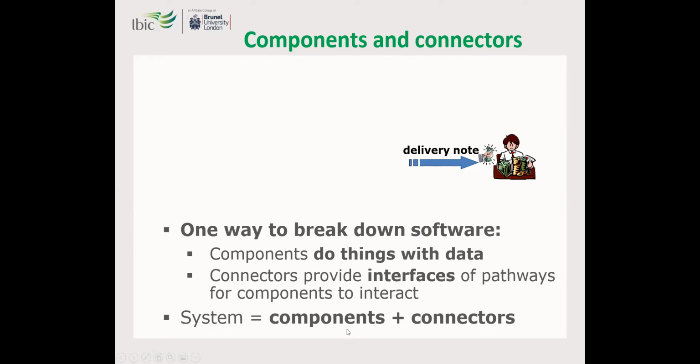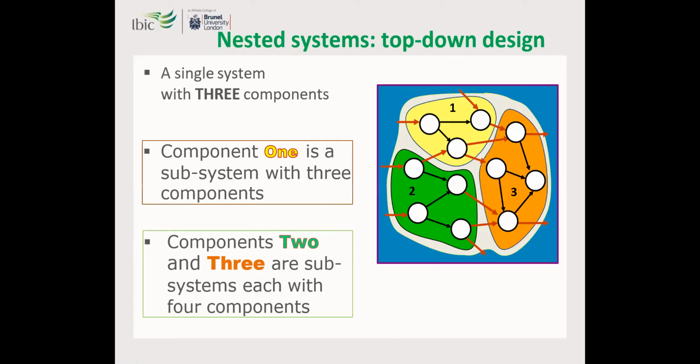Is there any dependency between different components? Is it possible to relate this component to the other component, or am I not allowed to do that? So then we need connectors. When we define a system, we need to consider both components and connectors. Here you can see a different visualization of this concept. We call this a nested system, which is a top-down design with three components.